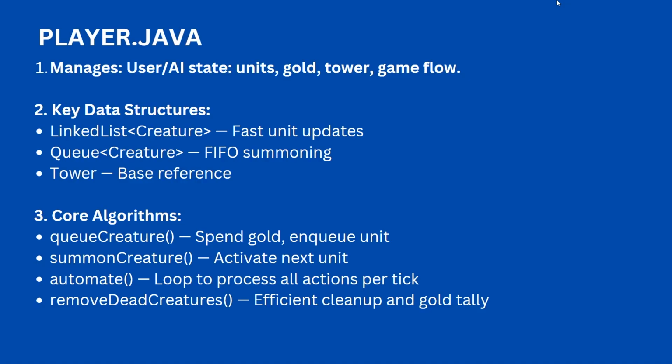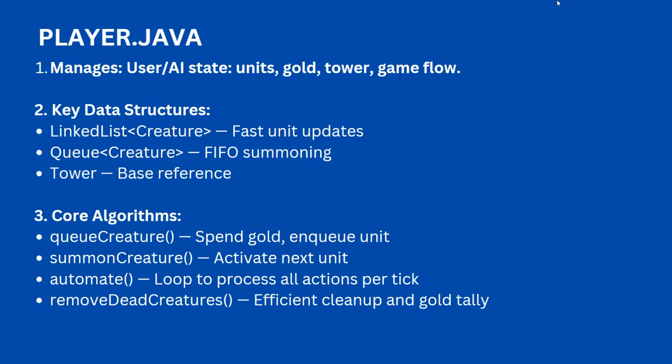Here's how it works in code. Queue creature may go and add a new creature to the support queue group. Summon creature pulls the next ready creature from the queue and moves it into the active creature list.